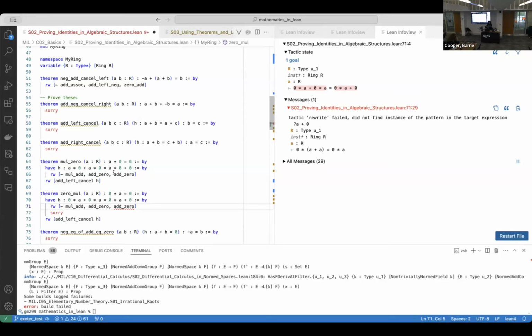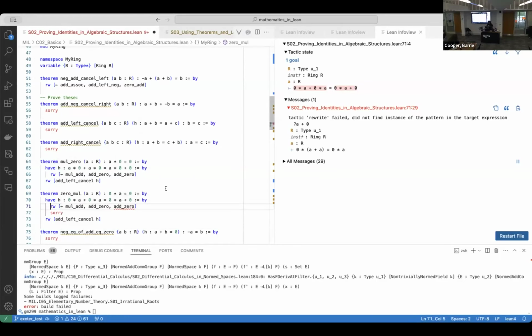Well, so perhaps we should try having a different auxiliary result, because I suppose why this worked is because we were doing add left cancel and now we've changed the direction of things.